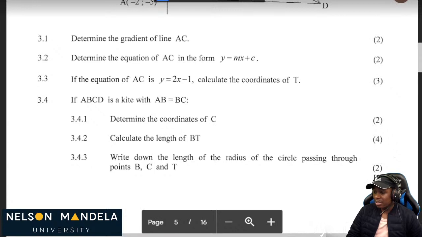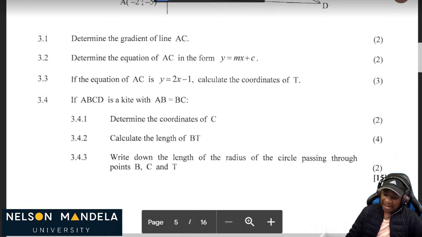Why are you saying that BC is the diameter? Because it's the converse of the angle in a semicircle. Don't forget to write these reasons in your answers, because it's the converse of the angle in a semicircle. Please don't forget those reasons.